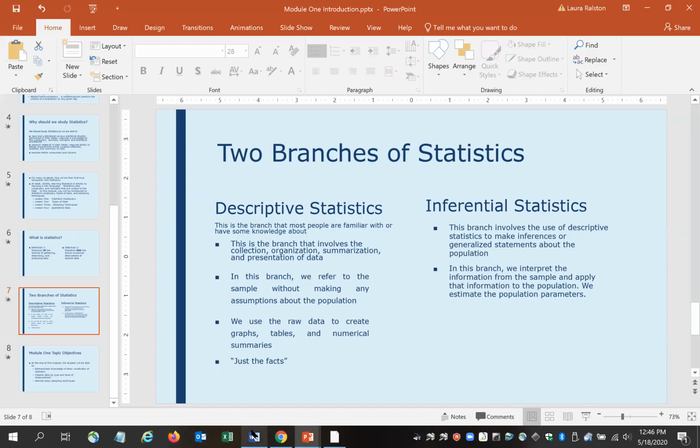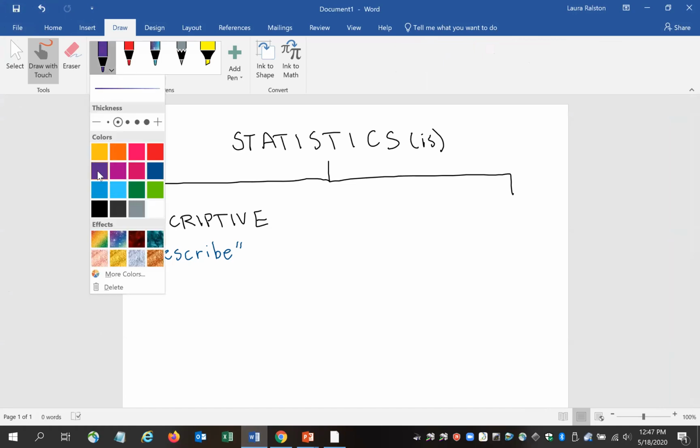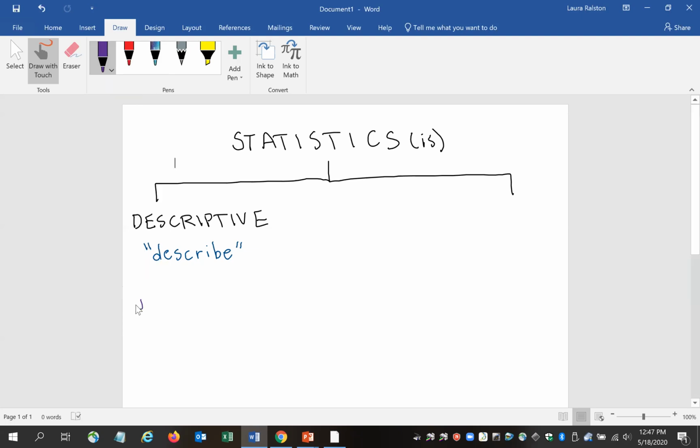So if you're taking notes and putting it onto this little flow chart, underneath descriptive statistics, basically what we want is just the facts. There's no assumptions about the data itself.